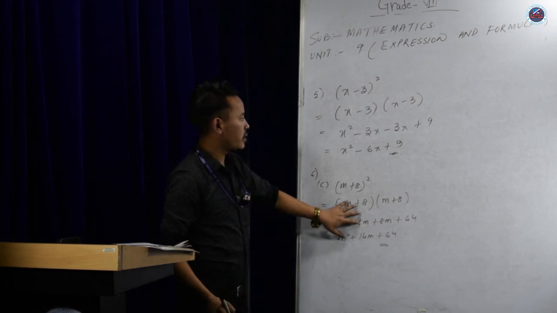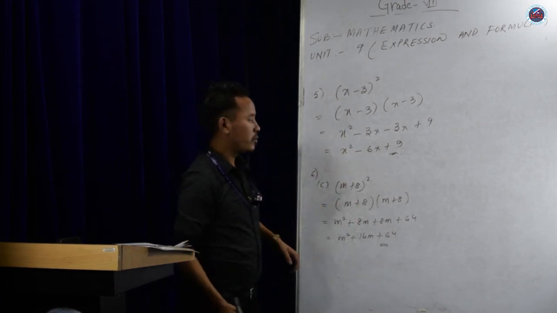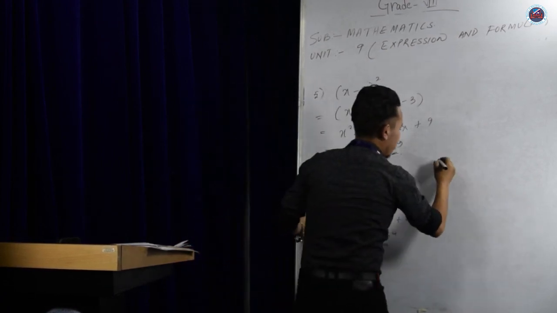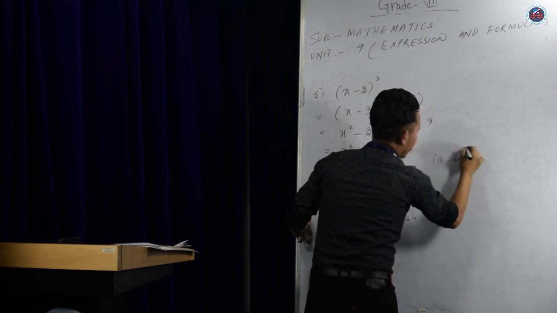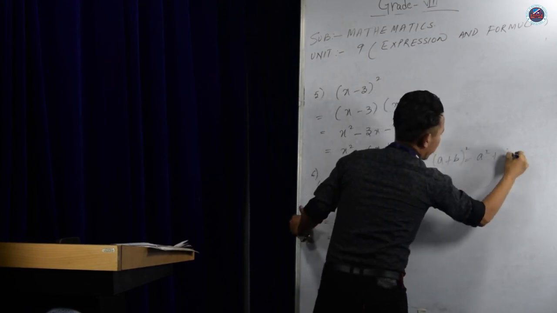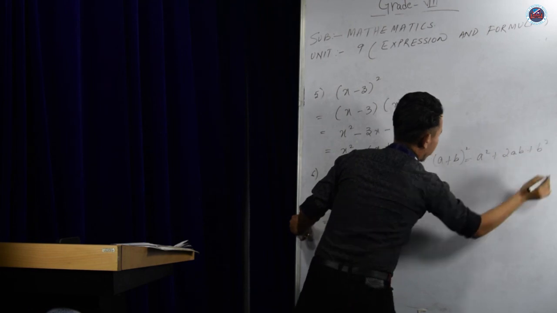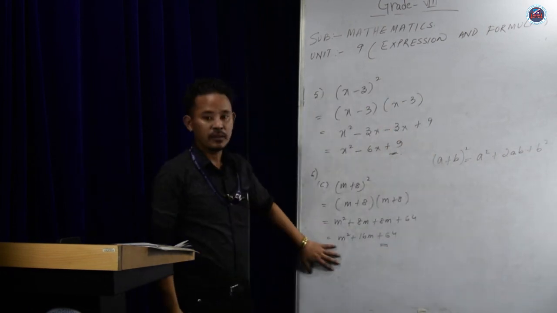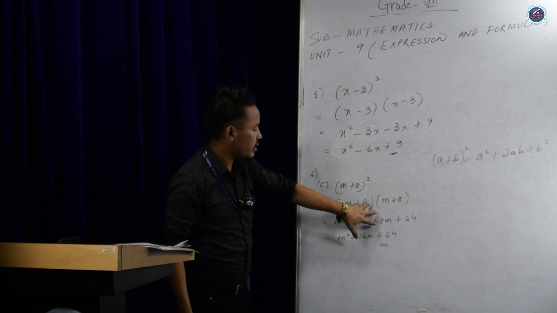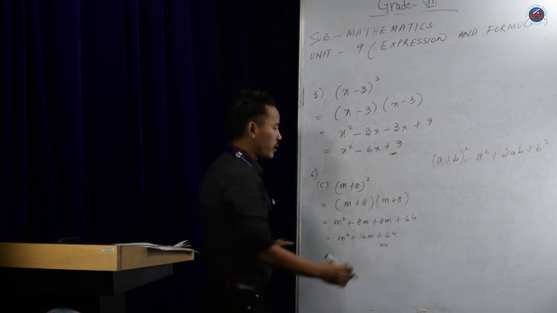Now, what I would suggest in both cases, as we know the identity, a plus b the whole square gives us a squared plus 2ab plus b squared. You can use this way or that way.